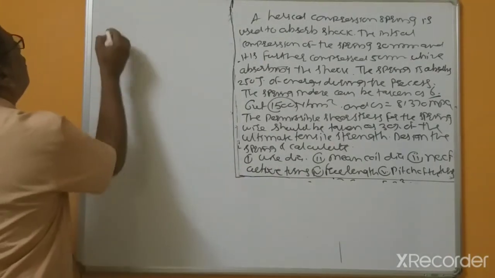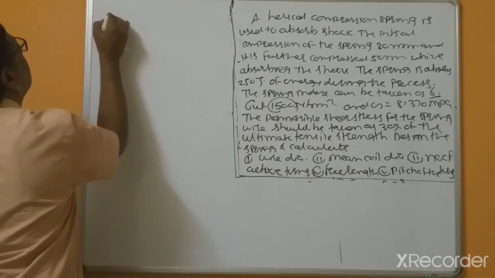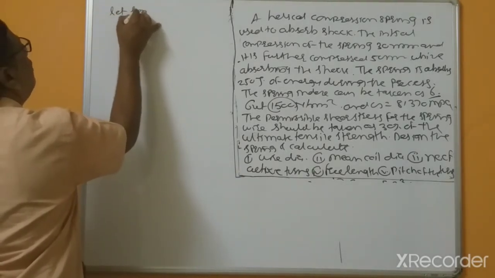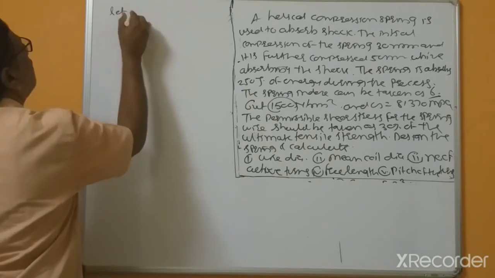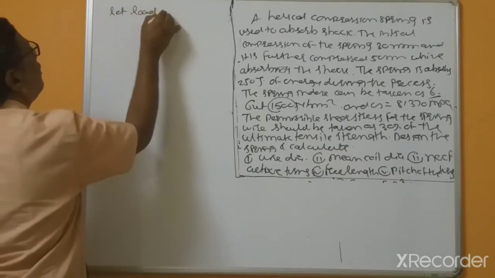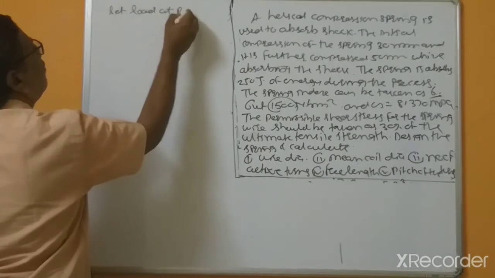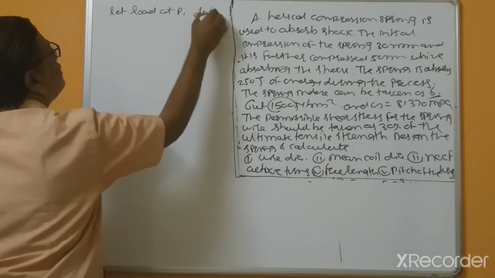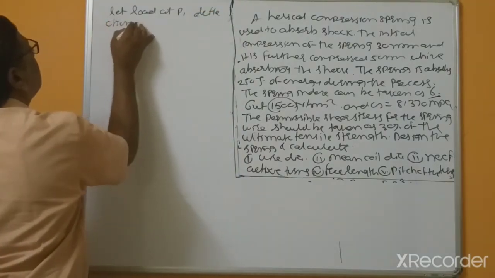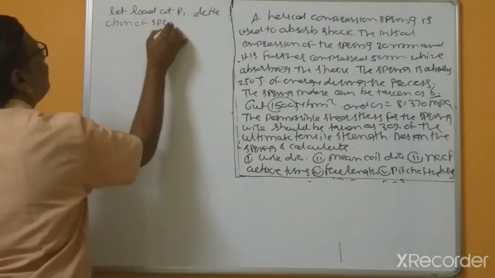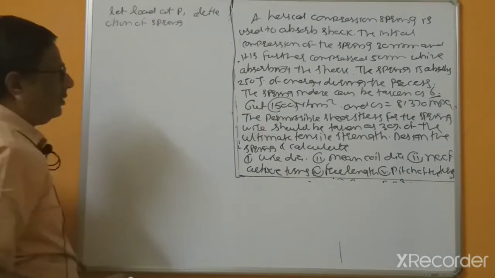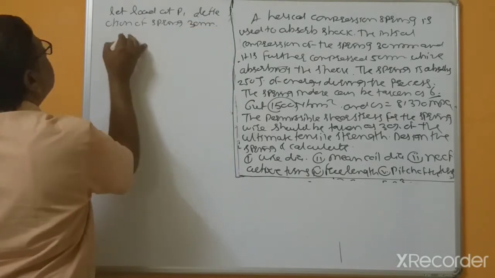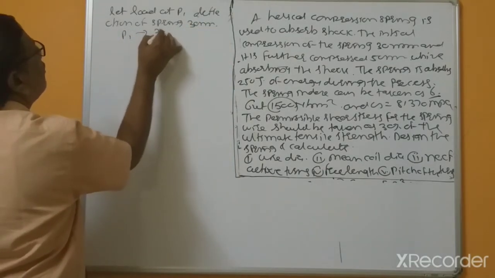So suppose let load P1 at deflection of spring, and this is 30 mm, means delta 1 equals 30 mm.